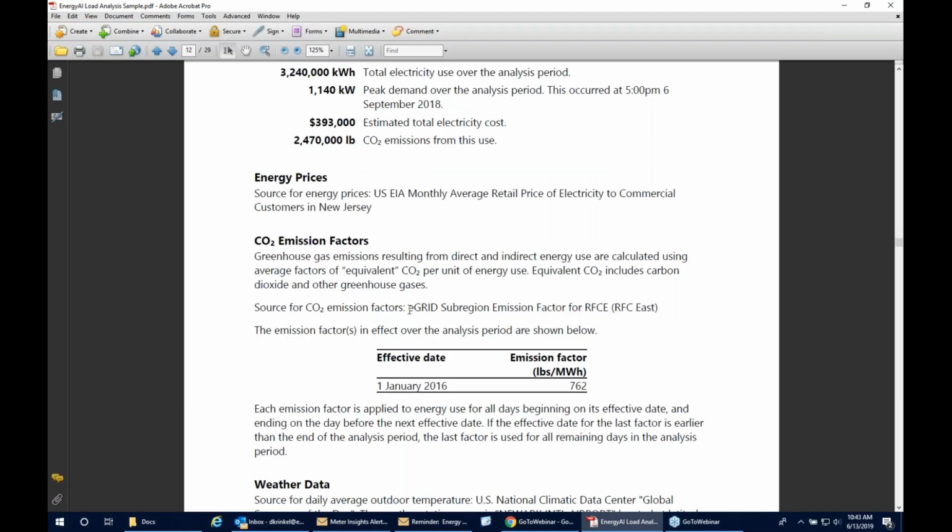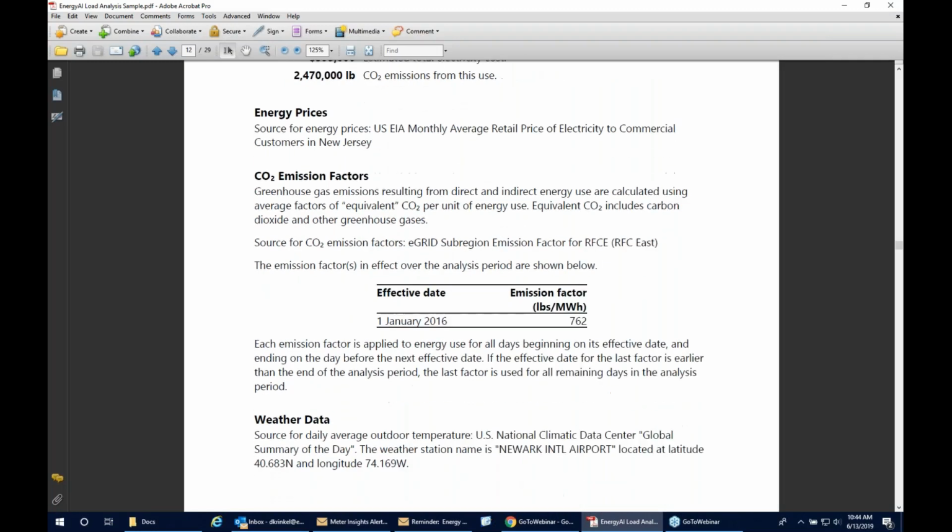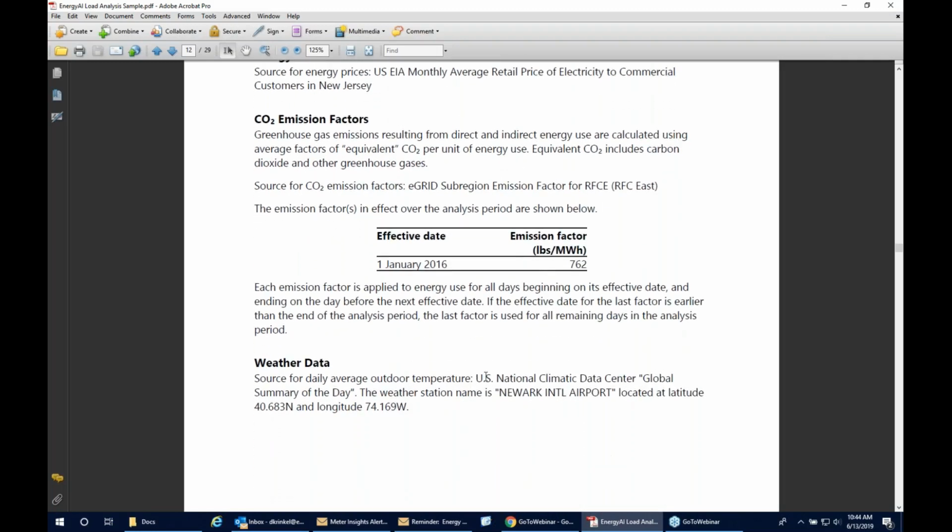We use the EPA eGrid as our source of emissions factors to convert energy use into CO2 emissions. Weather data we get from the U.S. National Climatic Data Center. Again, with the zip code, we'll pick the nearest weather site. There's, I think, 3,000 in the U.S. We have 10,000 around the world. We do international work. We do a lot of analyses in other countries.